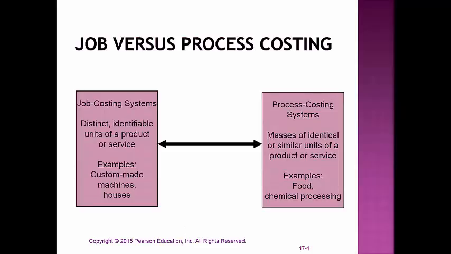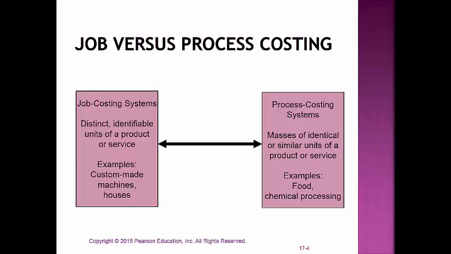On a spectrum, if you were to just put these out on the line and take a look at process costing systems versus job costing systems, consider such things as custom-made homes or machines, or possibly a big cruise ship.